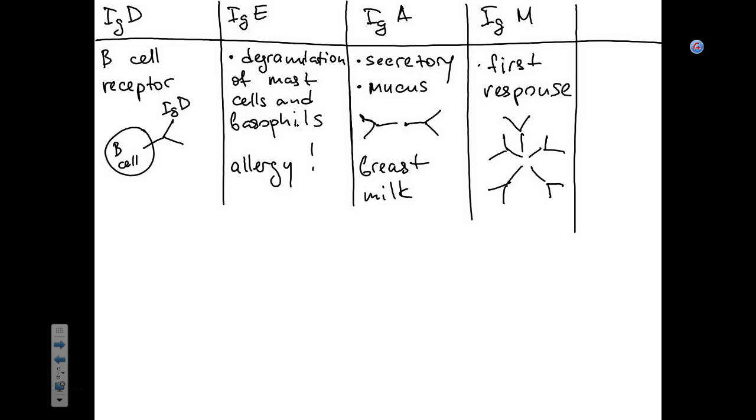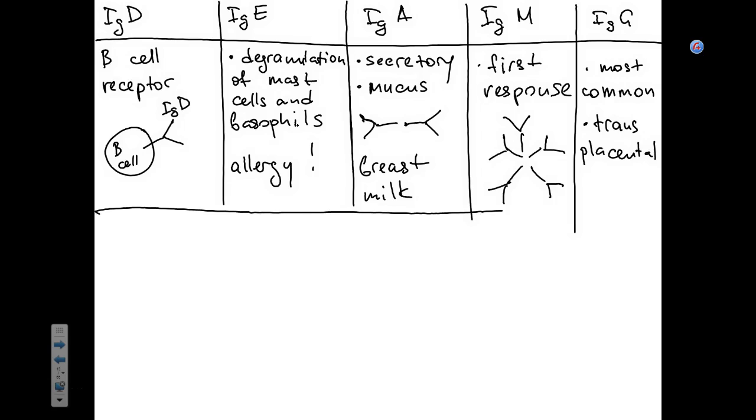And finally, IgG, immunoglobulin G, which is about 70% of all antibodies that you produce. It's the most common antibody, can perform a variety of functions, and it's also transplacental. Okay, it can cross the placenta, which confers additional immunity to the fetus. Okay? Yes?